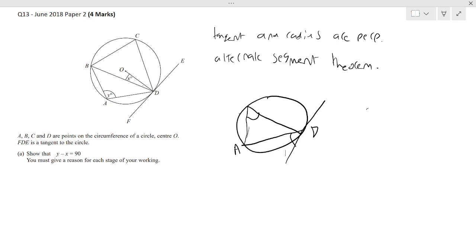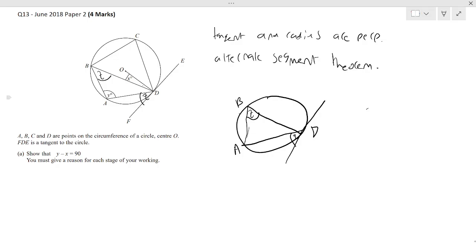So we have actually this angle here. If we call this angle Z, that means this angle is Z as well, right? So this is Z, that's going to be Z. So that is B, okay?